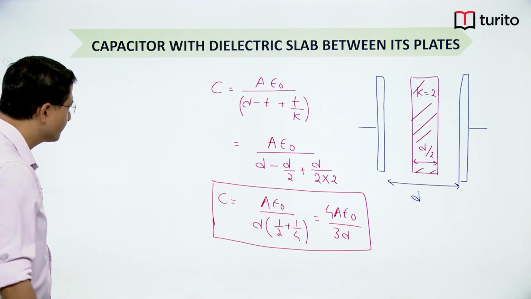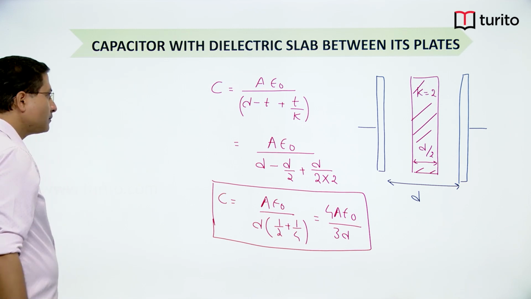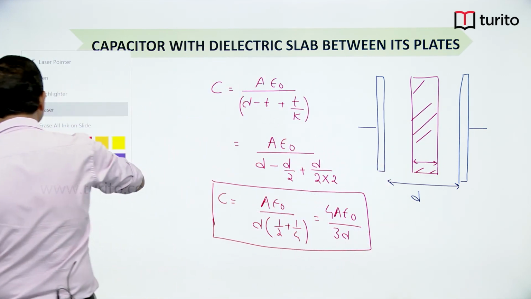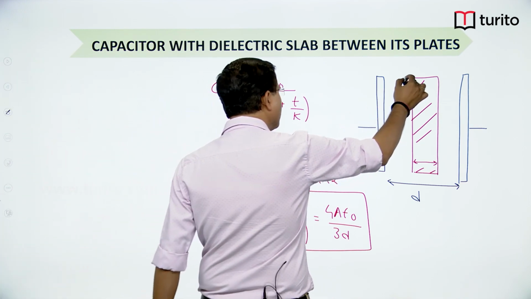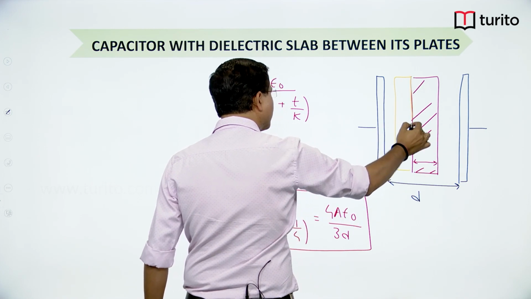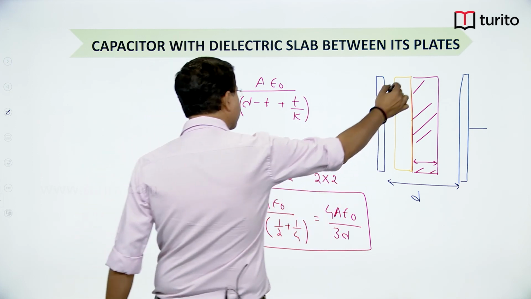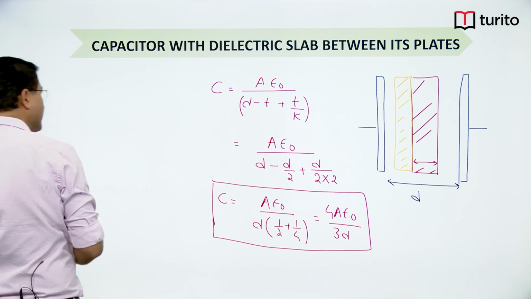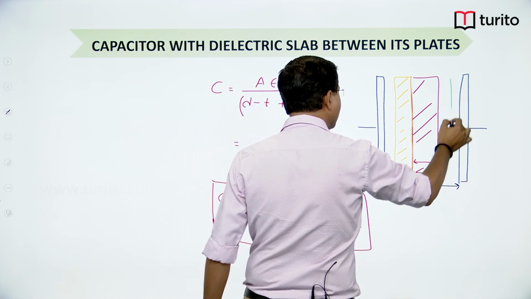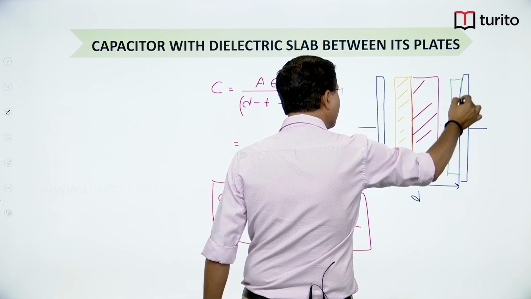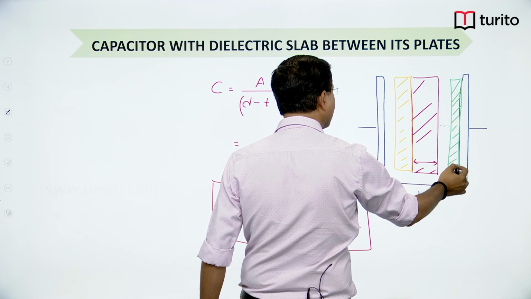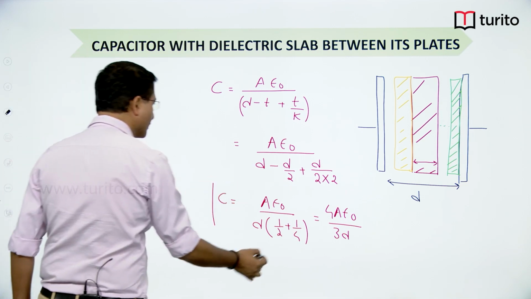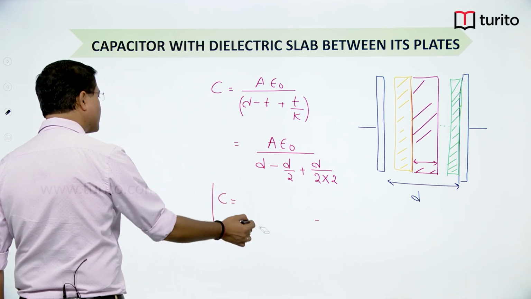So if multiple slabs of different dielectric constants are there, if this is the situation, then how to write the capacitance of the arrangement?